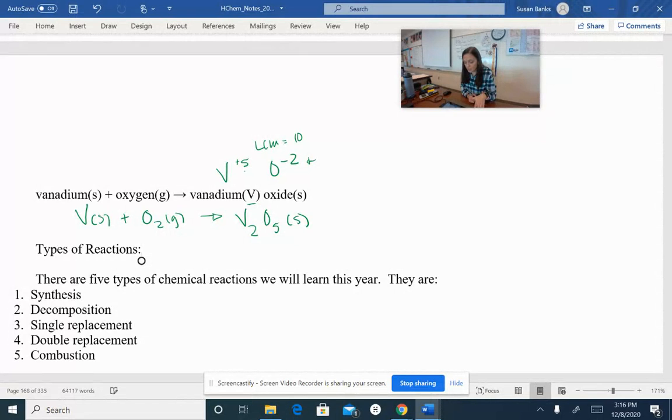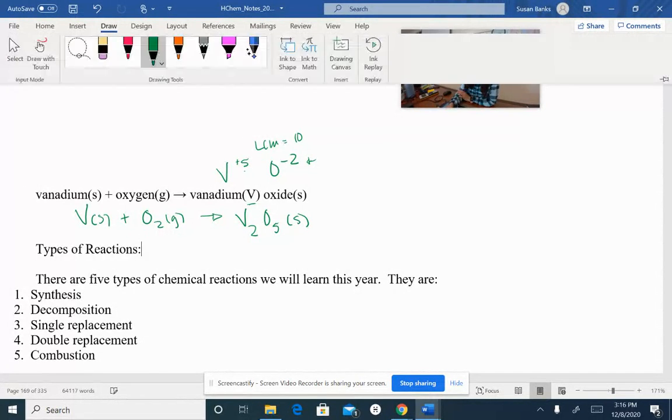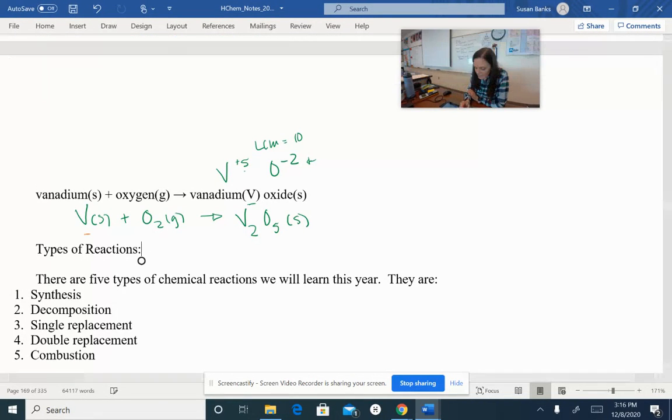Now I'm going to go back and, you guessed it, balance. Okay, 1 vanadium, 2 vanadiums. So I need to multiply this by 2. 2 oxygens, 5 oxygens. Once again, LCM, right? What's my least common multiple between 2 and 5?